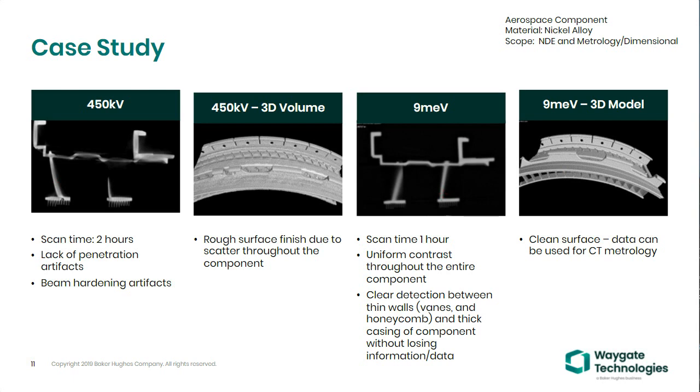We took the same component and scanned it with 9 MeV to see what was possible. In just an hour, we were able to get uniform contrast of the entire part, clear detection between the thin walls, and a clear surface model to use for dimensional analysis and metrology.